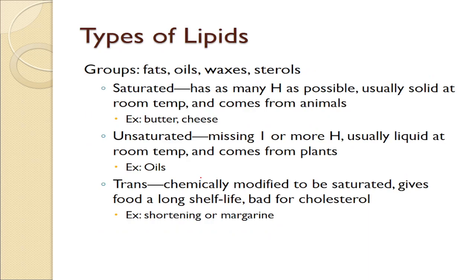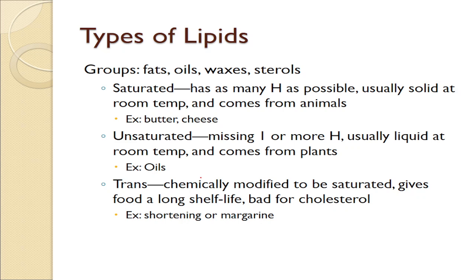Types of lipids: we have fats, oils, waxes, and sterols. We have two types. Saturated has as many hydrogens as possible, usually solid at room temperature and comes from animals, such as butter and cheese.